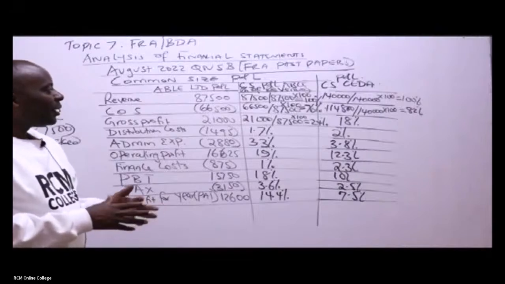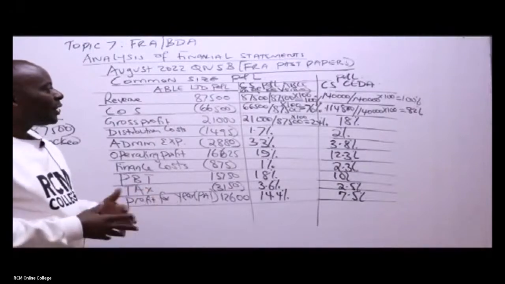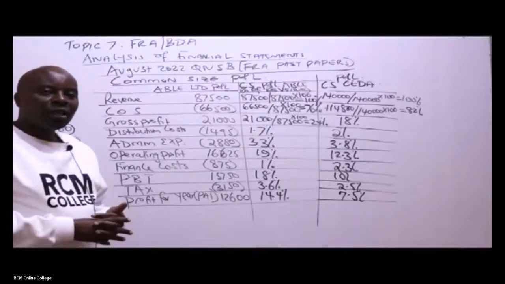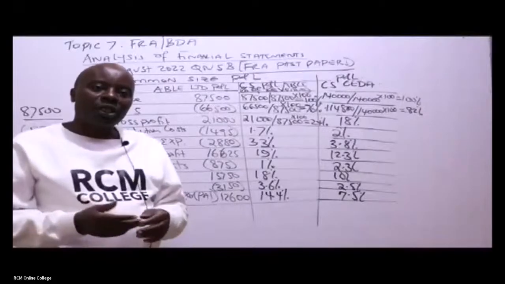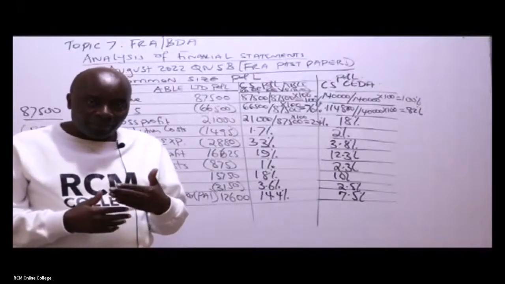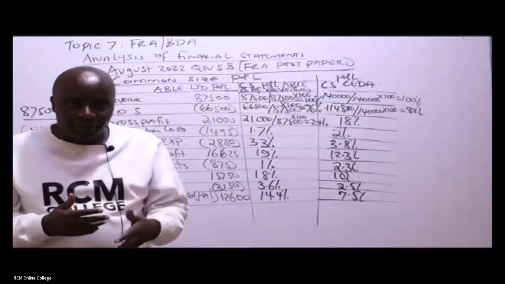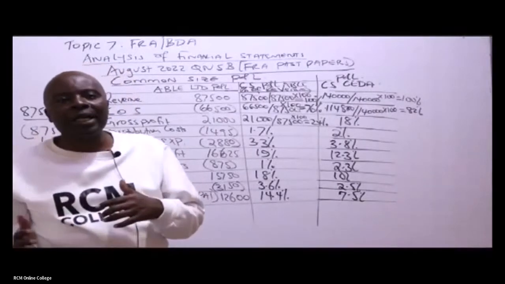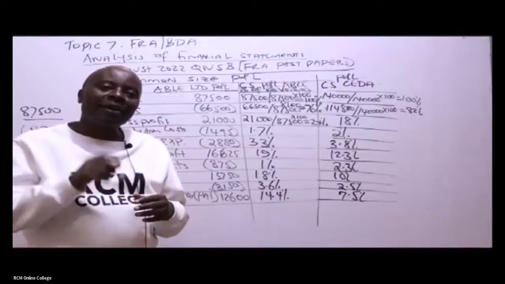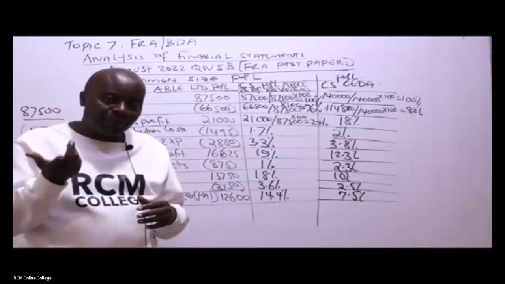Now, ladies and gentlemen, if you are the investor, in terms of these profitability ratios, which company will you invest in? If you're a potential shareholder, remember, shareholders are very, very greedy. They don't even want to look at how the expense structure is. They are always there to maximize profits.